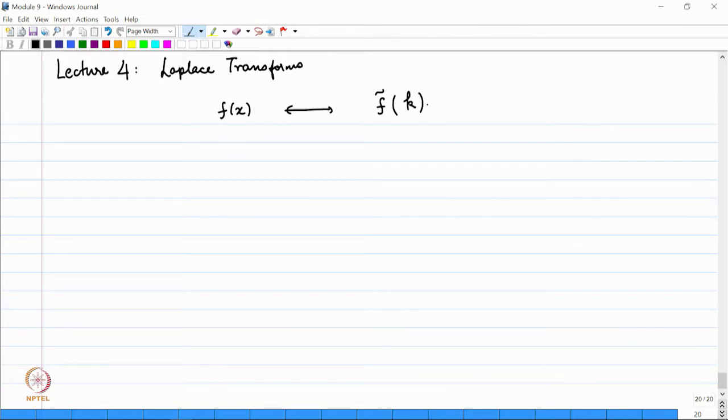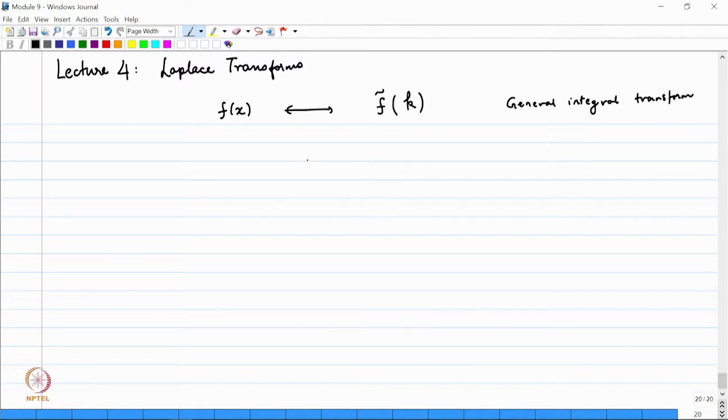So f tilde of k is a general integral transform. Instead of looking at it as a function of x, we are looking at it as a function of some variable k, and the idea is that whatever information is there in this function is all there in this function. Anything you wanted to know about f of x, you can get just by looking at f tilde of k. That is the general idea of integral transforms.